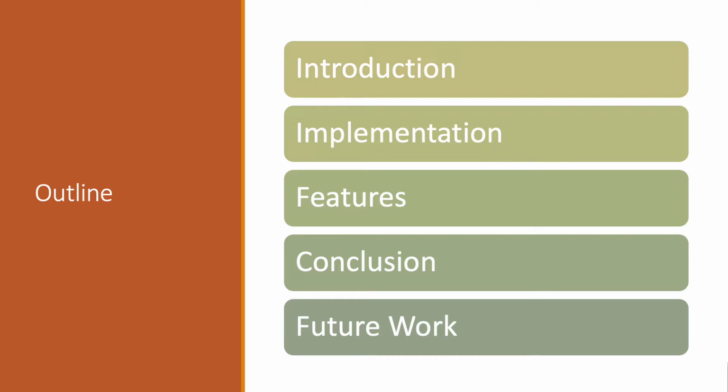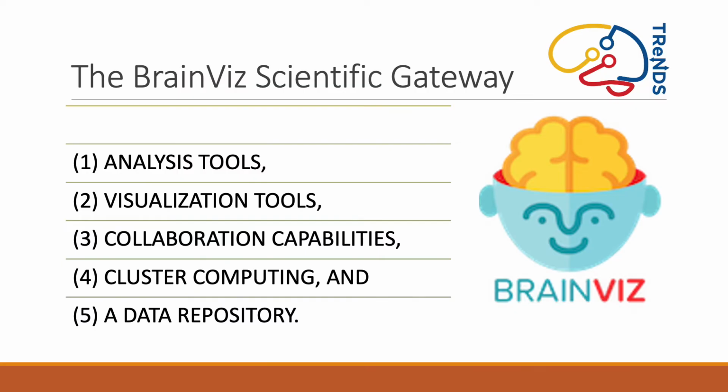Further, I will discuss how this scientific gateway will get expanded in our future work. Finally, I will wrap up the presentation and provide conclusions and lessons learned thus far with the implementation of this scientific gateway.